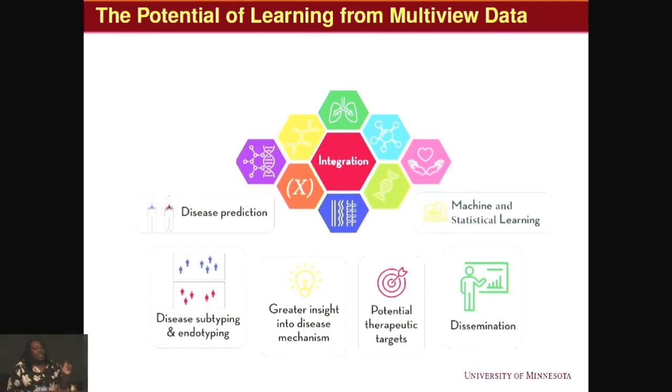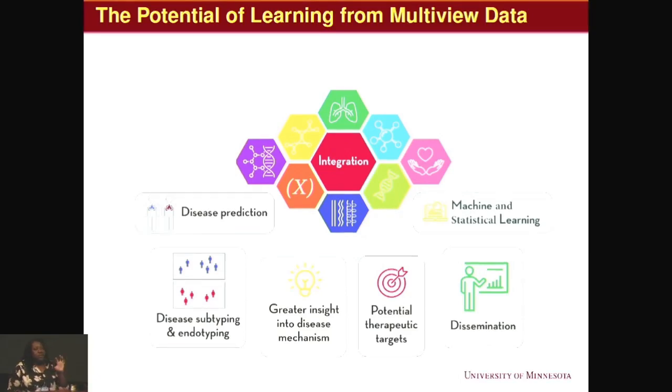So a key question becomes how to put all of these different data types together rigorously to understand complex disease mechanisms, perhaps for disease prediction, and if you are interested in clustering, for disease subtyping and endotyping, with a goal of providing greater insight into disease mechanisms.